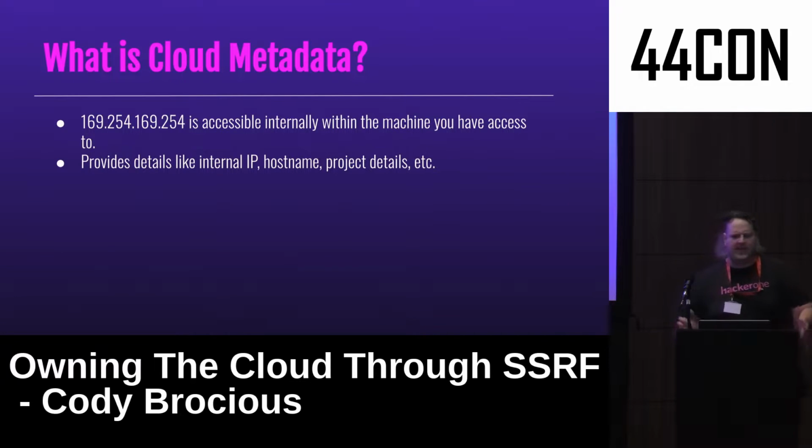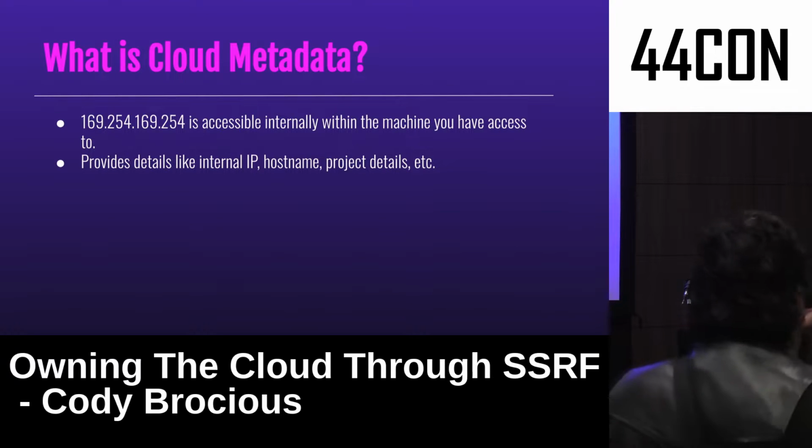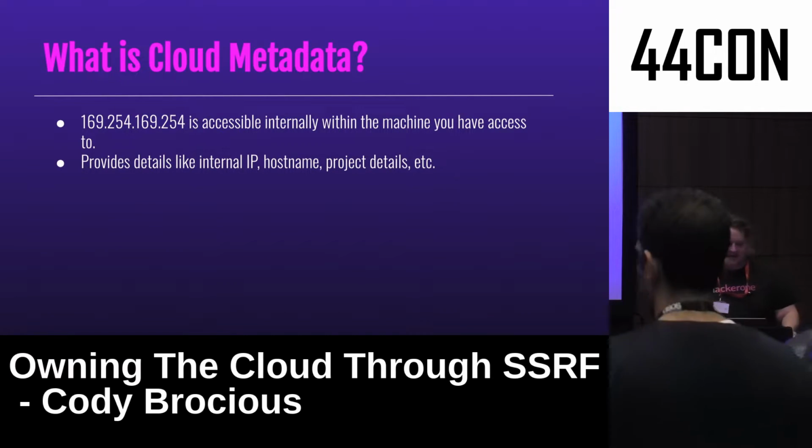Cloud metadata is something that we're going to be talking about a lot. Typically it's going to be some service at 169.254.169.254. That's what it is for Google Cloud, that's what it is for Amazon EC2 and ECS, that's what it is for Azure. Pretty much all of them just use the same IP.